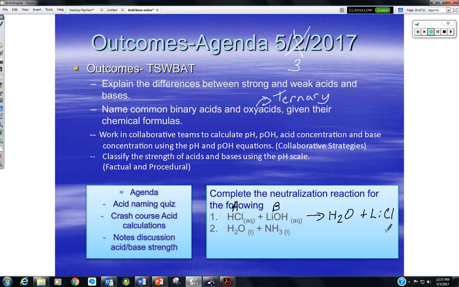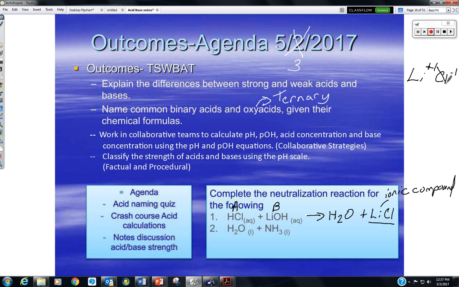Now, one thing to pay attention to when you're doing this, remember that this is an ionic compound. So those rules that we learned earlier in the year about forming ionic compounds still apply. Lithium is a +1 based on the fact that it is in group 1A, and chlorine is a -1 based on the fact that it's a halogen, and all of the halogens are -1 charged.